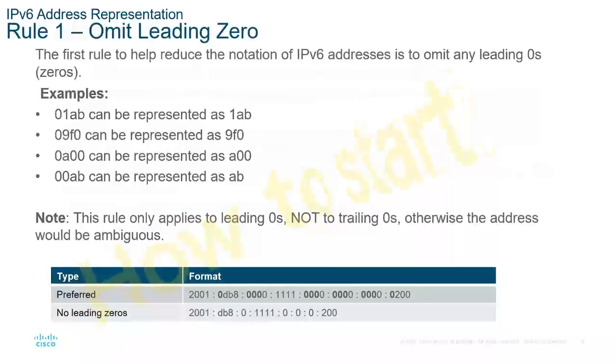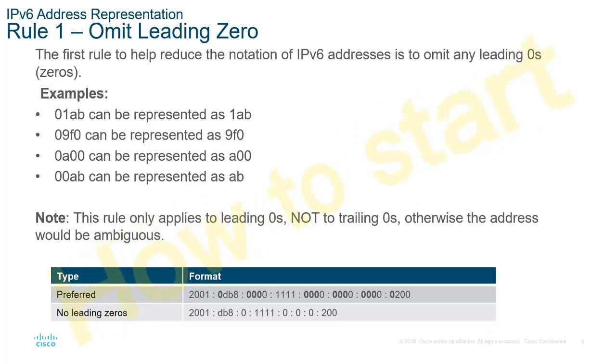So rule number 1, when we have a long set of zeros, we can actually remove leading zeros. When we have an entire hextet full of zeros, we can, in one of them, shorten them. And that's actually rule 2. But sticking with rule 1, only leading zeros can be removed.